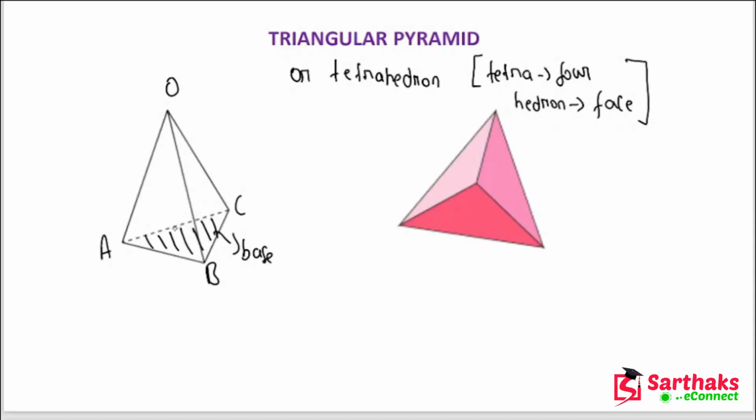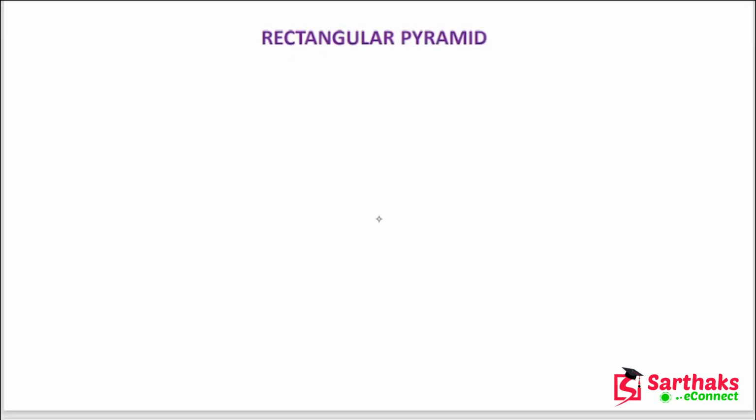Let us move on to the second type of pyramid, which is the rectangular pyramid. Obviously you can very well imagine what a rectangular pyramid is.